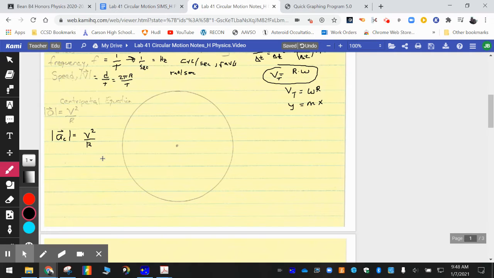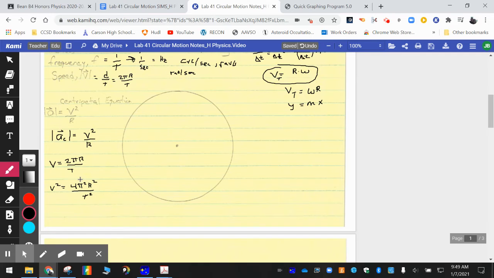Now, however, there's different manifestations of this. Velocity, remember, was 2 pi r over t. So if I was to take v squared, I would now have 4 pi squared r squared all over t squared, like so.